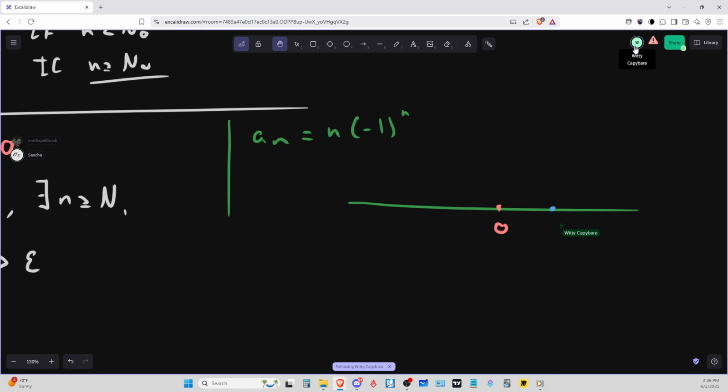So A1 would be, well, A0 would be 0, but okay. A1 will be somewhere there. A2 will be, I guess they're not very. Sorry about that. I will redraw the thing.